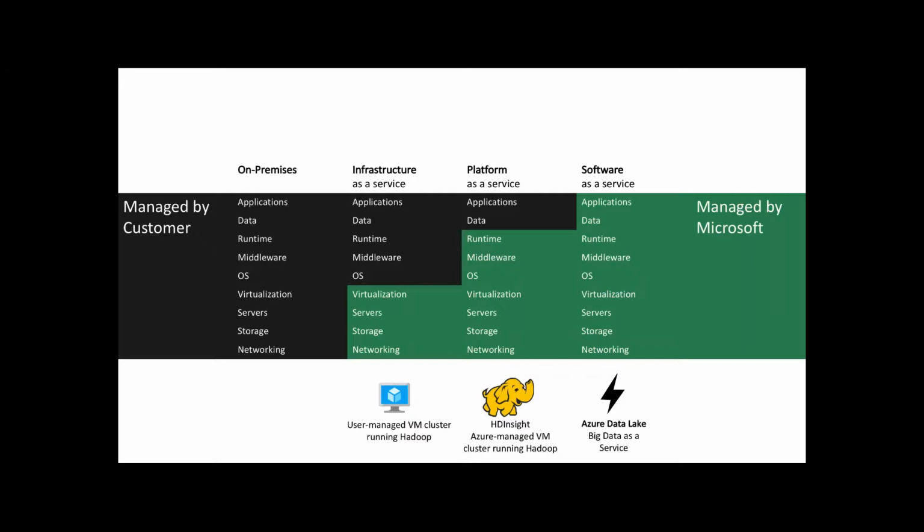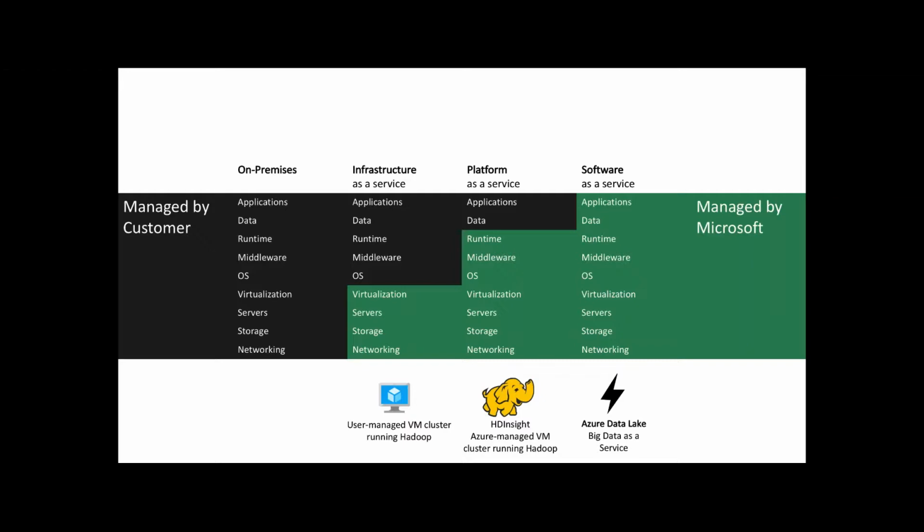Or you can move over to a platform as a service offering like HDInsight. HDInsight is Azure's implementation of Hadoop as a platform as a service, and it uses the distribution from Hortonworks specifically. And what that means is that Microsoft is maintaining the operating system and the hardware for you.